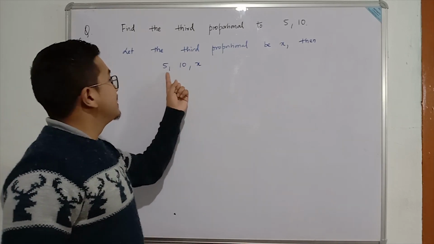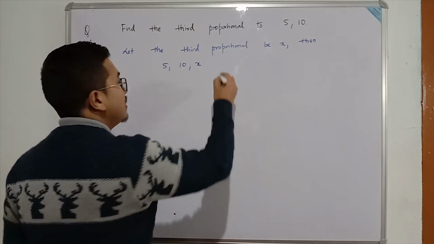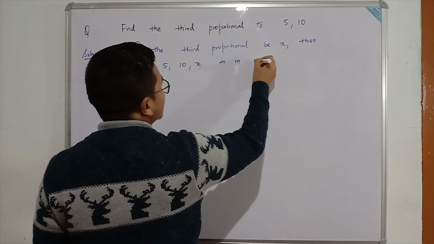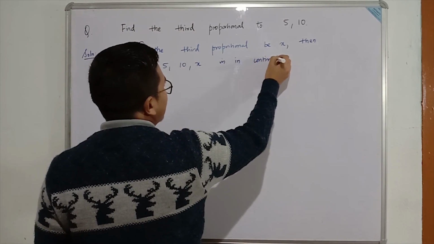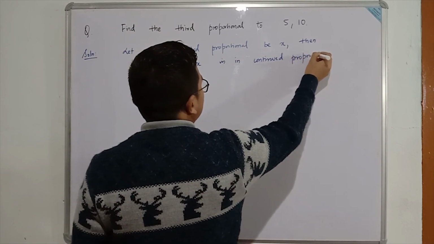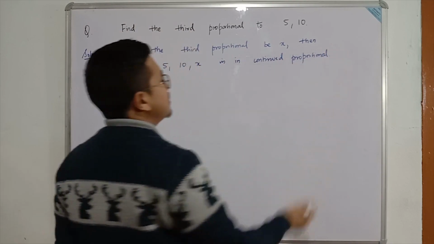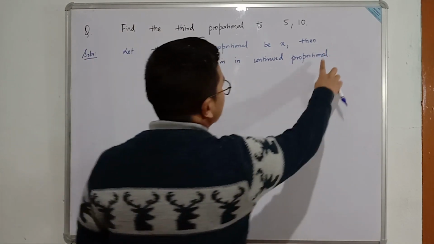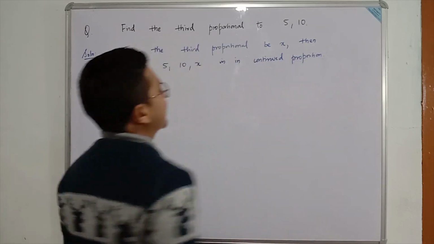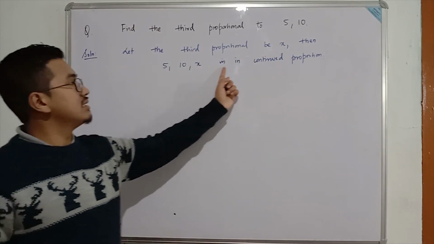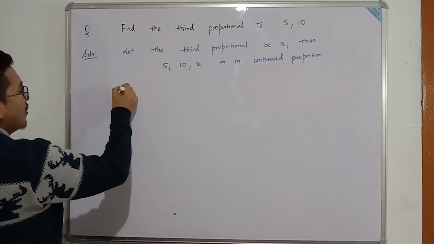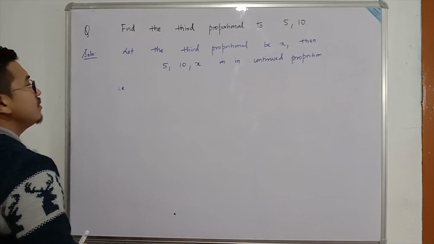5, 10 and x will be in continued proportion. If they are in continued proportion, what does it mean?